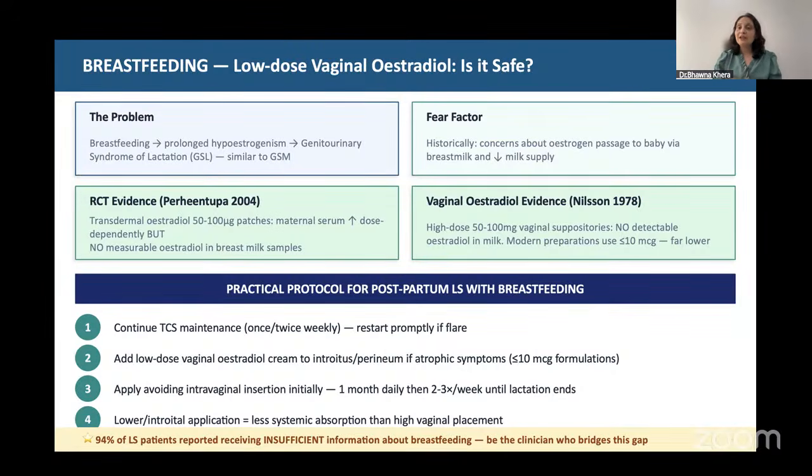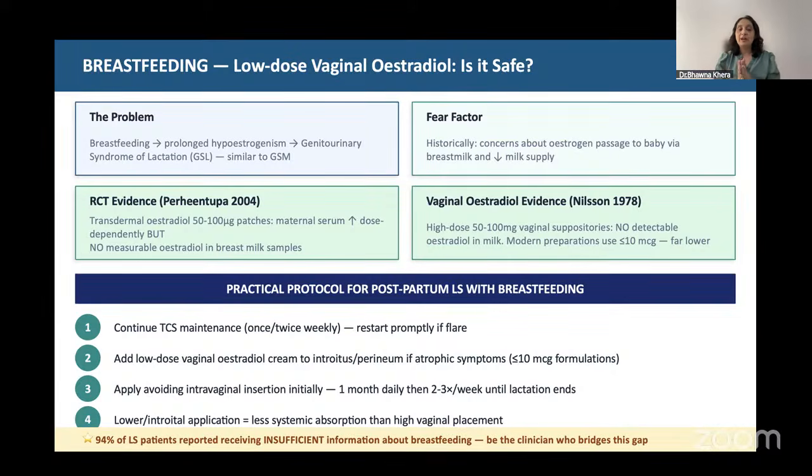So what is the practical protocol to be followed in the postpartum period? Continue the corticosteroid management, add low dose vaginal estradiol cream to the introitus and perineum if atrophic symptoms. Apply avoiding intravaginal insertion initially. Initially, you can start applying on the outer areas, and then as you go further, you can apply intravaginally.